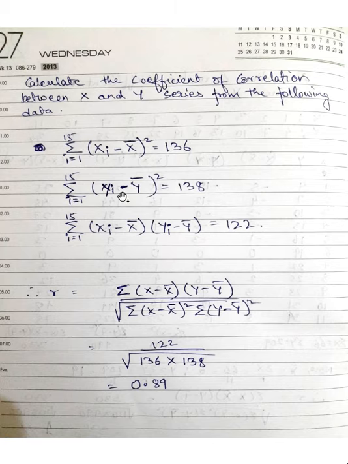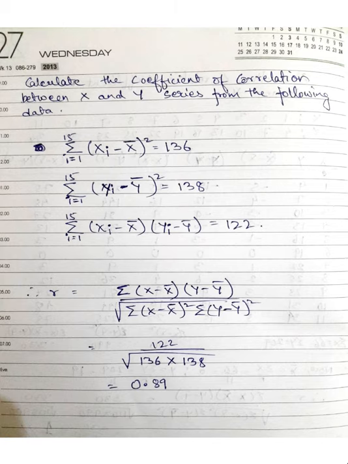Again summation yi minus y bar whole square is equal to 138, i runs from 1 to 15. Summation xi minus x bar into yi minus y bar is equal to 122, such that i runs from 1 to 15.